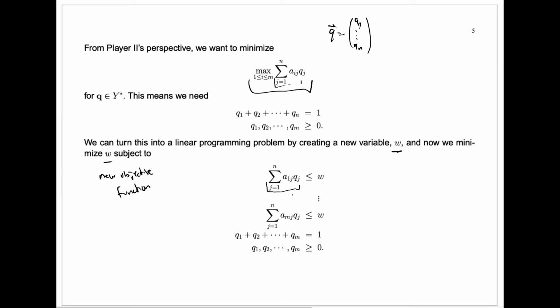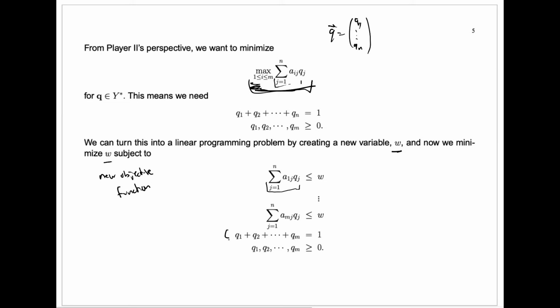Then you'll have the same thing if player 1 plays row 2, player 1 plays row 3, up to player 1 playing row m. If w is greater than or equal to all of these, w will be greater than or equal to this maximum here. And if we find the smallest w where that's true, we'll find the smallest w greater than or equal to that maximum, which will be exactly that maximum.